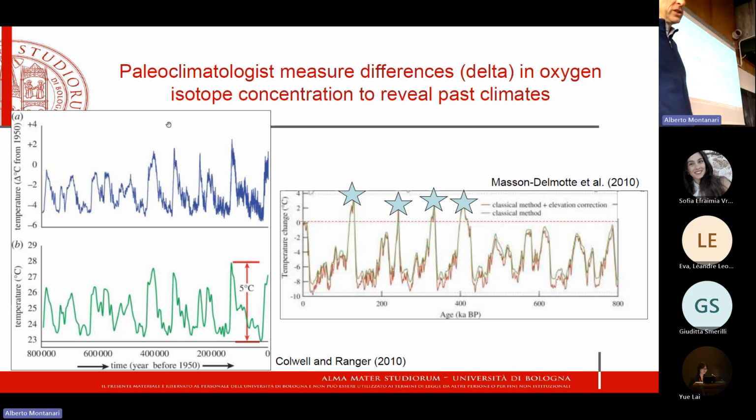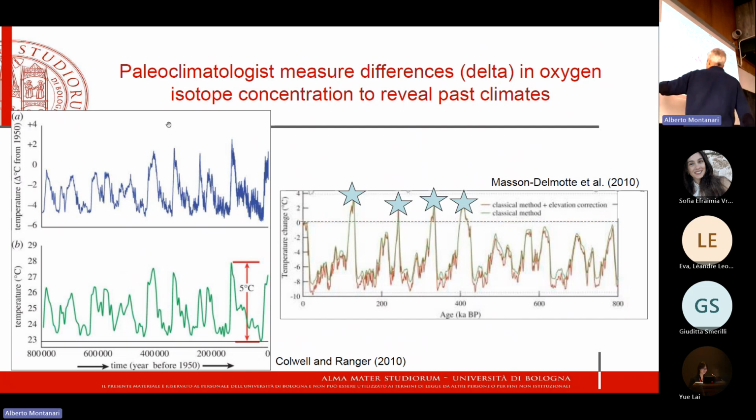So what you see here comes from a contribution of Valérie Masson-Delmotte, a very famous climate scientist. She's still active, and it is dated 2010. So what is this? If you look at temperature change from today, and we go back before present from 0 to 800 kiloyears, so 800,000 years ago, this is the reconstruction of temperature.